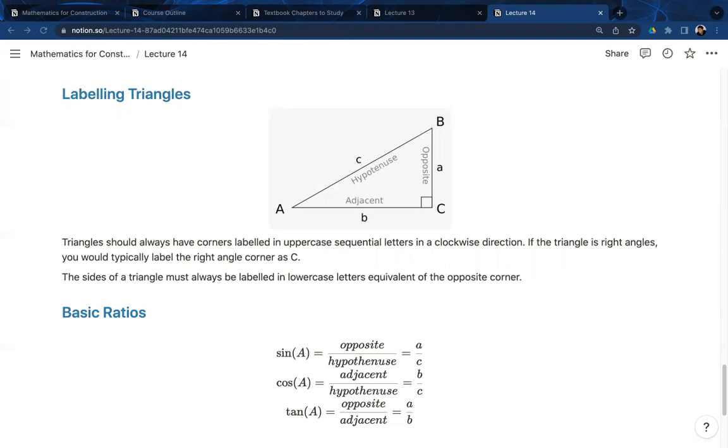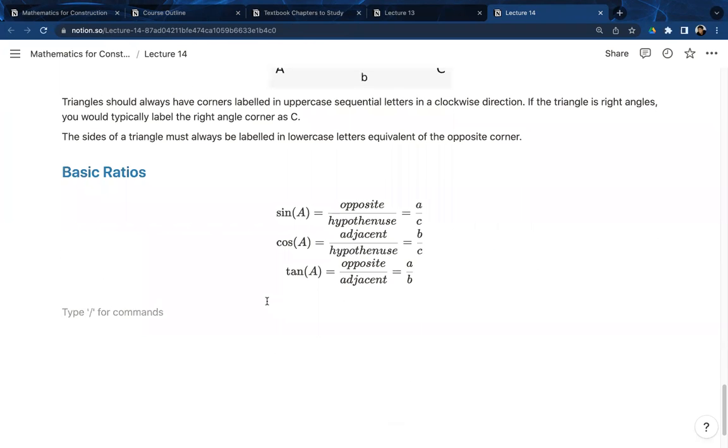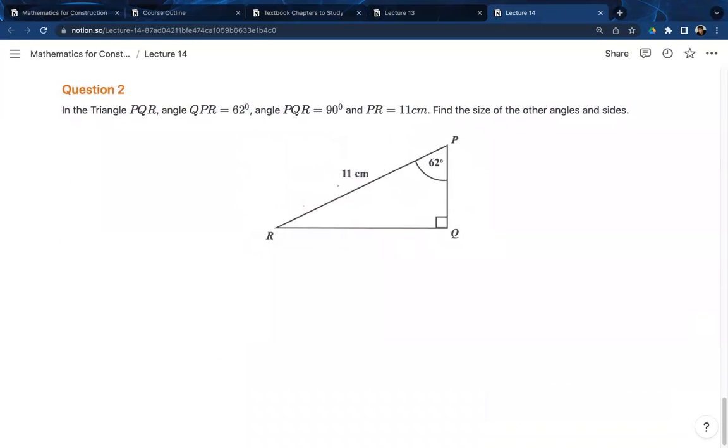So let's try a simple question, right? This is on the level of CSEC here. Again, three consecutive letters, clockwise direction, PQR. Based on the diagram, we see at Q we have a right angle, a little square there at the bottom.